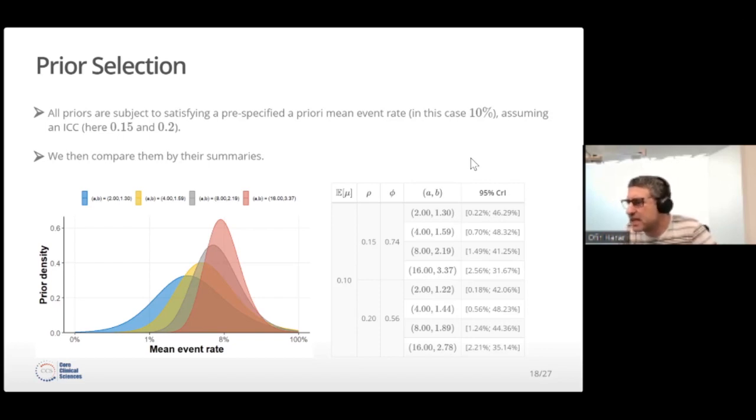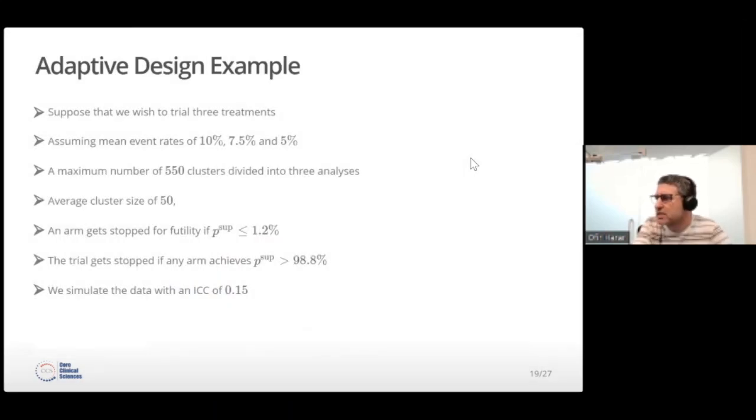And in this case, again, I chose the most vague one, the one that has a equals 2 and b equals 1.3. Graphically, that's what it looks like to the left. That's the blue density plot. So that's just a technicality that I must go through, unfortunately. Once I have these priors, I can now simulate a trial just like I did before.